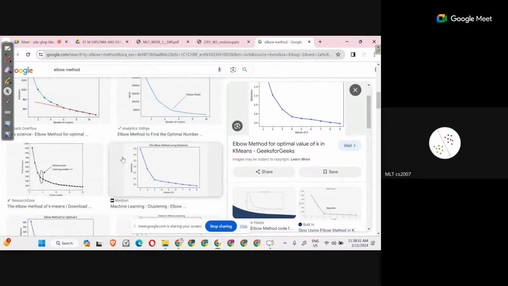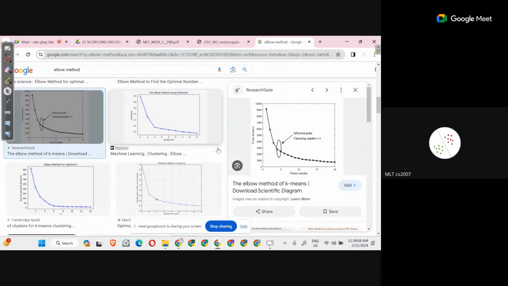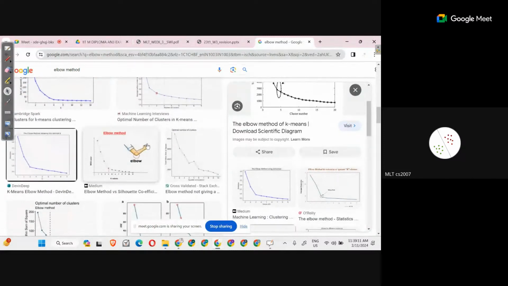But in case this is not very clear, people can argue for 4, 5, 6, all points, since from here the shape has got distorted and the slope has changed.